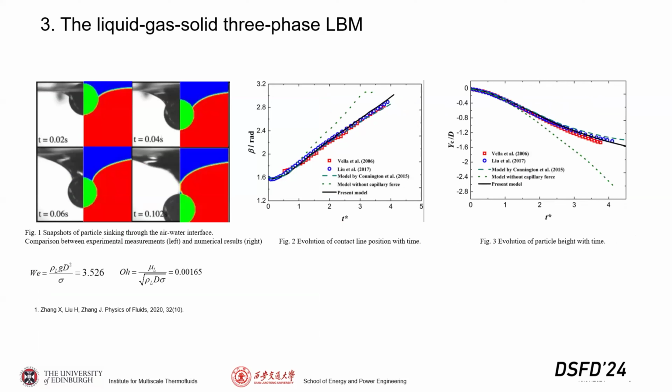This is the second validation. We simulate a circular particle sinking across the interface of gas and water, and we can compare these results with experimental observation. In these snapshots, the black and white pictures on the left are captured from the experiments, and the right-hand parts are from our simulation.